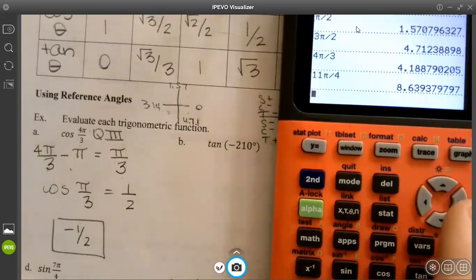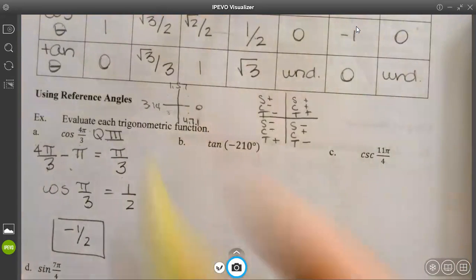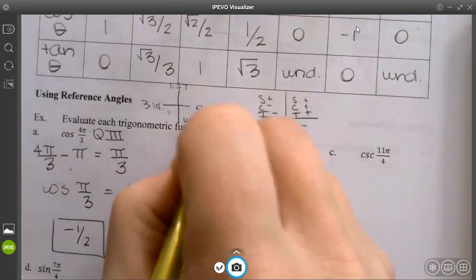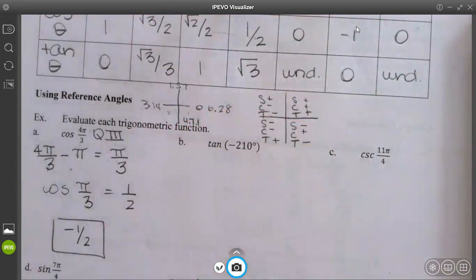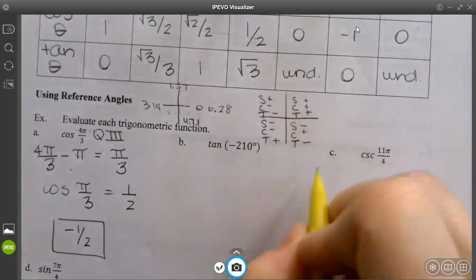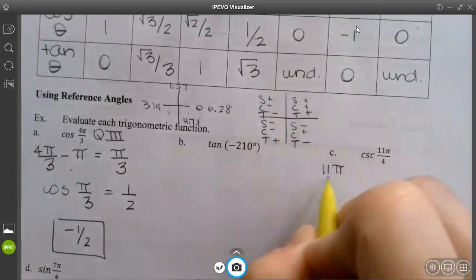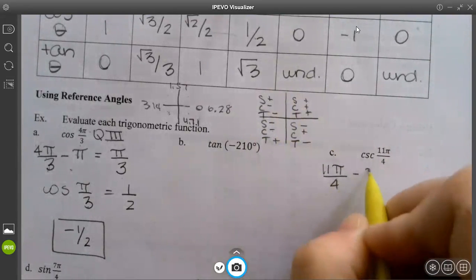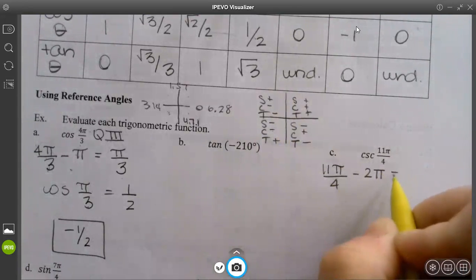Because it's more than 1 rotation, since a full rotation would be 6.28, right? So what do I do? Subtract. We take this 11 pi over 4, because it's too big, and subtract 2 pi.